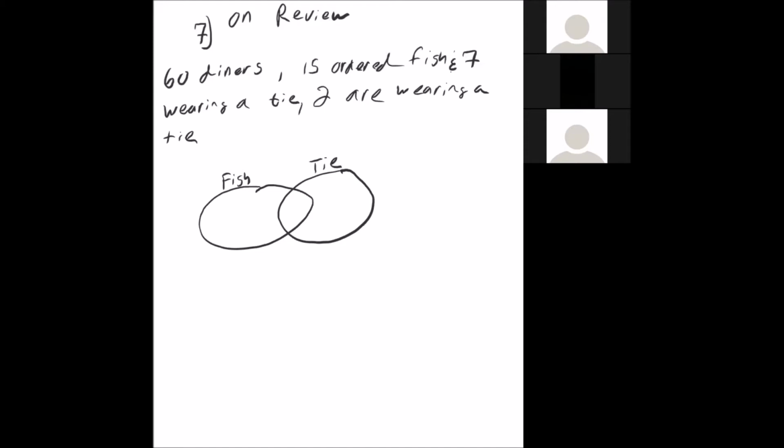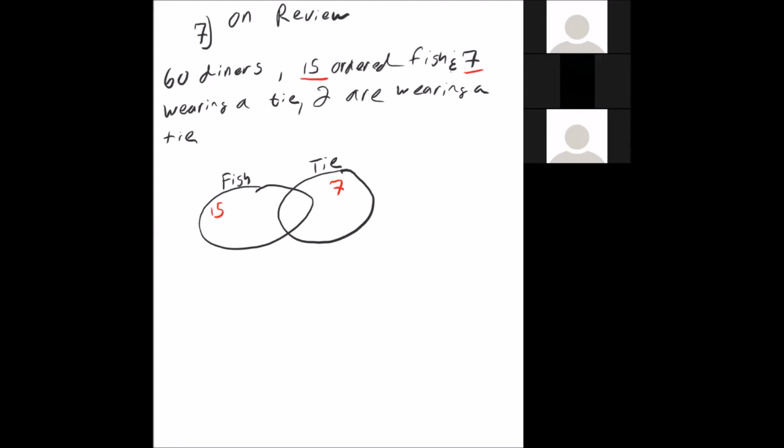So you go back and you read the information and you make sure you get the information in there as is. So I have 15 that ordered fish, 7 are wearing a tie. So I'm going to put 15 here, 7 here.